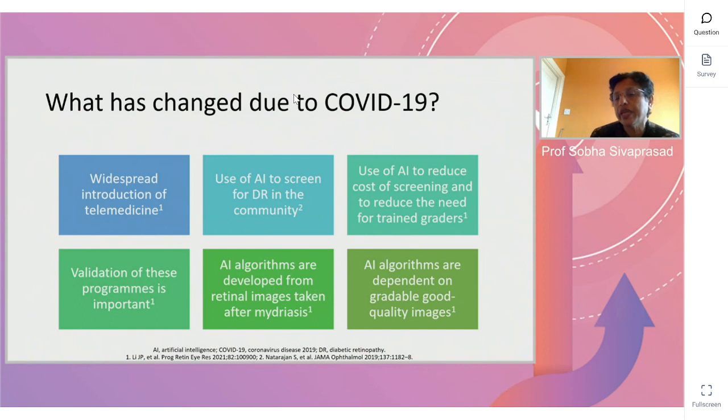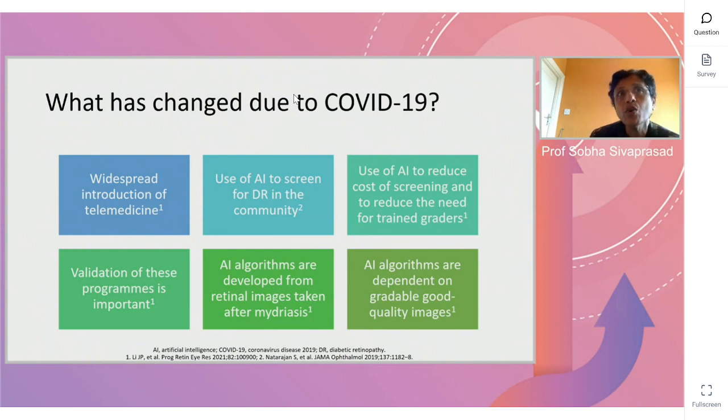And we also know that AI can replace some of the human graders wherever possible. These are all very positive news. However, we do need validation of these programs. We need to ensure that whatever we deliver is safe for our patients. And we need to ensure that mydriasis has to be done for these patients.